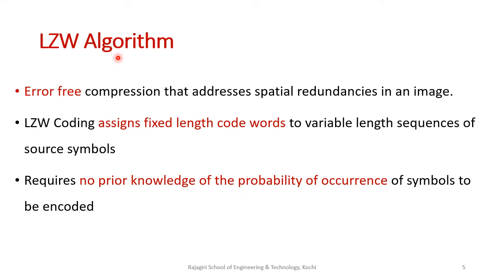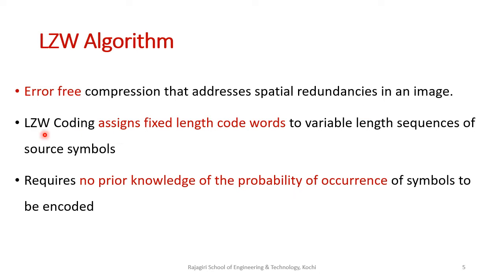The LZW algorithm is an example of a dynamic dictionary-based compression technique. This is an error-free or lossless compression technique that addresses the problem of spatial redundancies in an image. Spatial redundancies refer to the fact that pixels in an image show a high degree of correlation or similarity with the neighboring pixels.